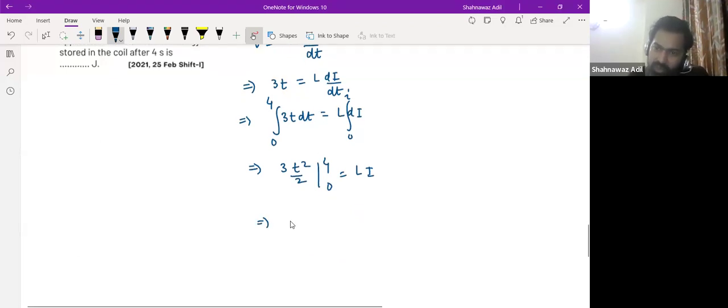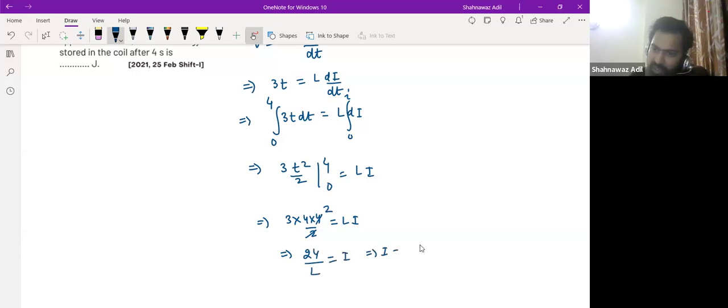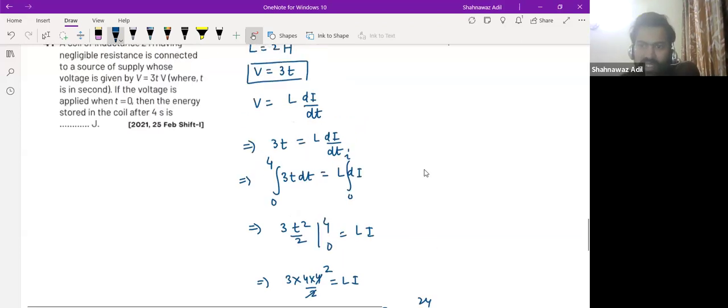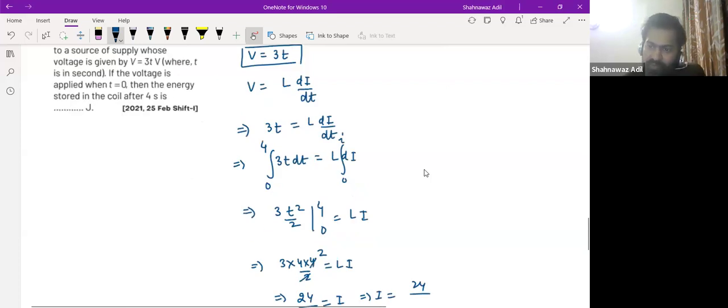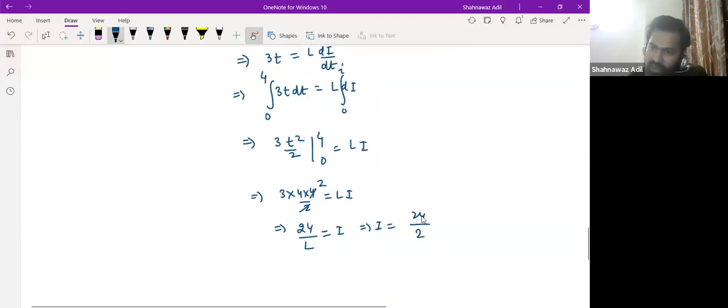Time is 4, so 3 into 4 into 4 by 2 is 24, so 24 divided by L is I. L is given as 2 Henry, so I is 12 amperes.